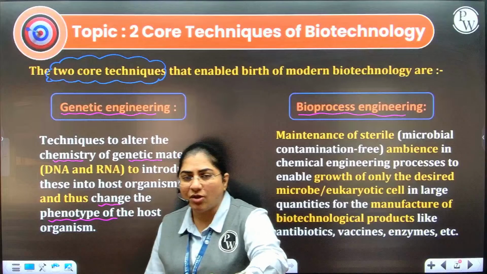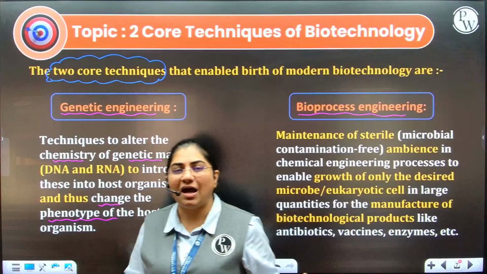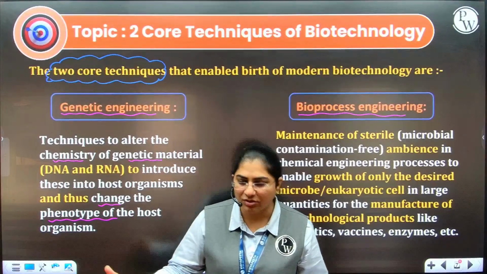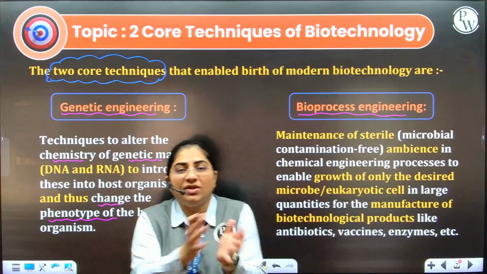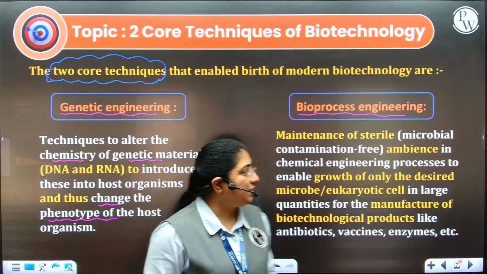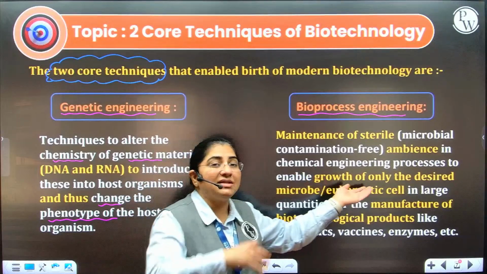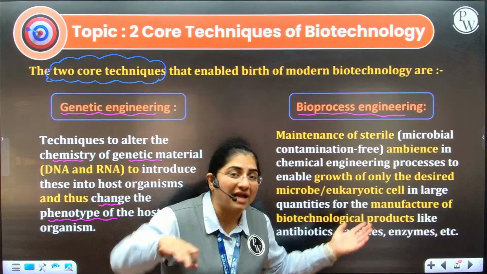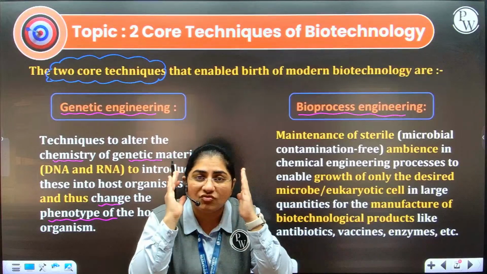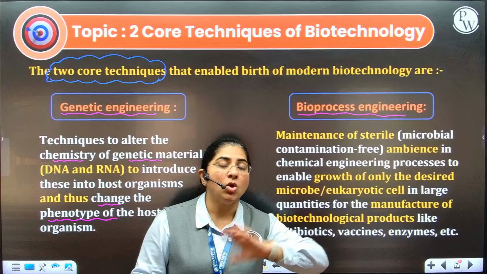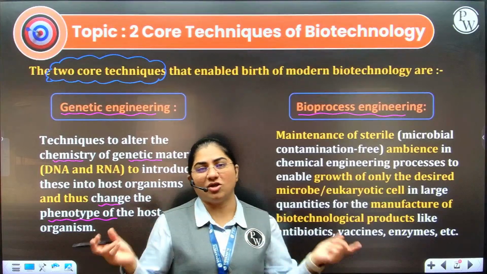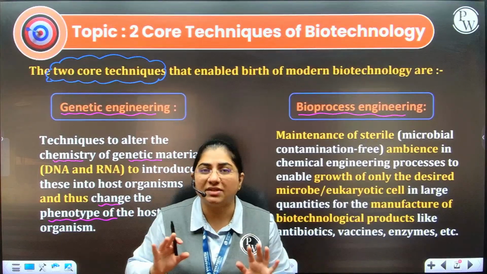But we cannot do this just in the house that we are staying, or just in the study room, or just in the classroom. We need to have a well set up. Why do we need a well set up? So that there is no adulteration, there is no contamination, and we have the growth of only those microorganisms or those bacteria that we desire, and not the other microbes which are present in the environment.